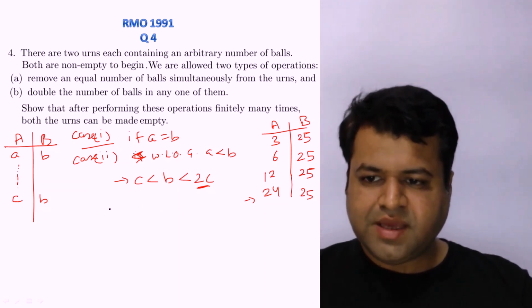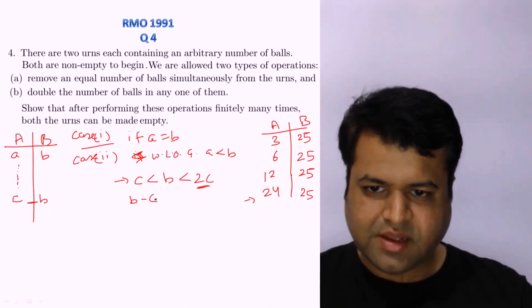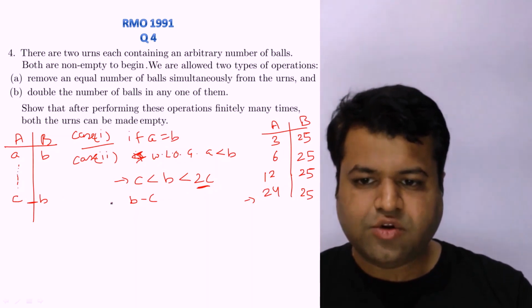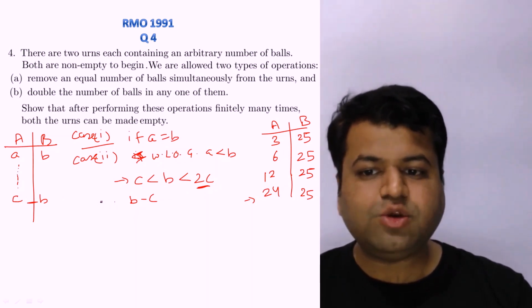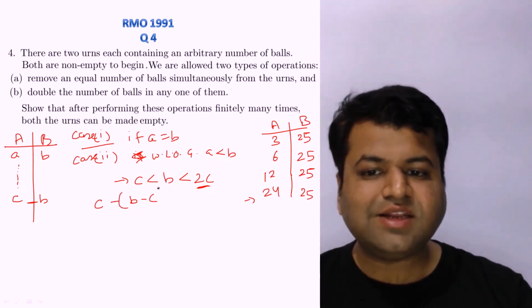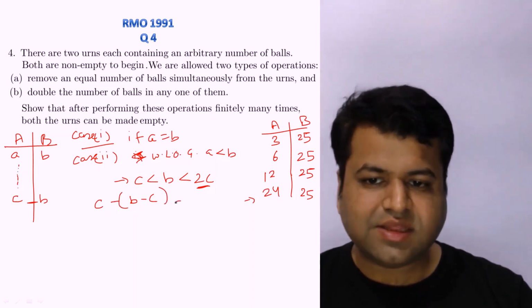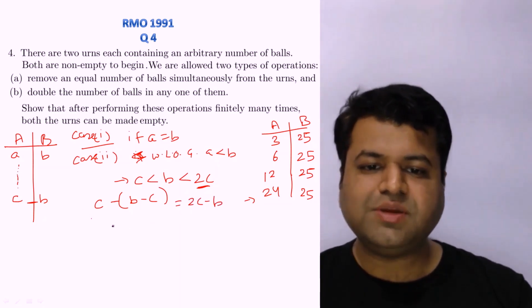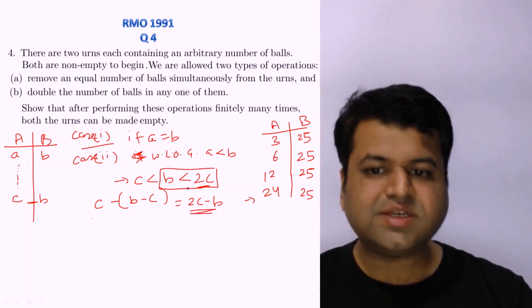Okay, so now what will we do? What we want here, the gap is B minus C, right? Or we want this first box to have a number of balls equal to B minus C. So how many balls do we need to subtract? We need to subtract C minus (B minus C) balls from each box, and this is nothing but 2C minus B, right? You can see this is positive because of this reason, right?